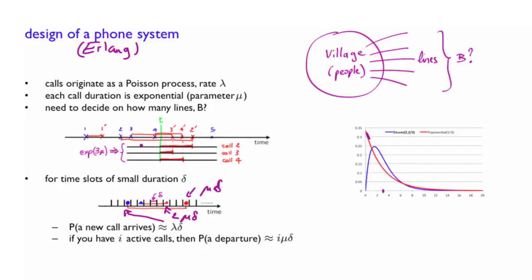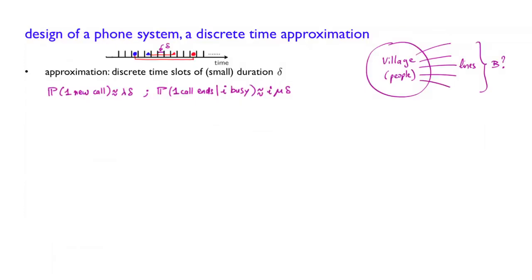If you combine these 3 associated Poisson processes into one, you get a merged Poisson process. And if you look at the time of arrival of the first event, it would be an exponential random variable. The duration here would correspond to an exponential random variable of parameter 3 mu. So in that case, the probability of a departure would be 3 times mu times delta.